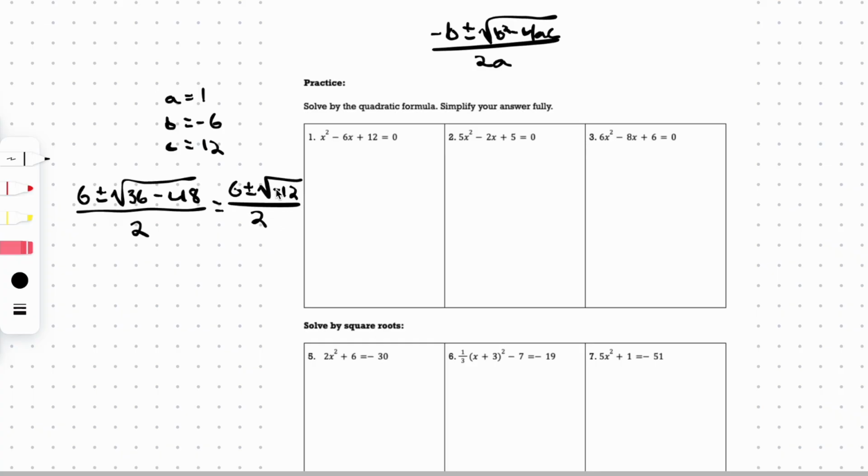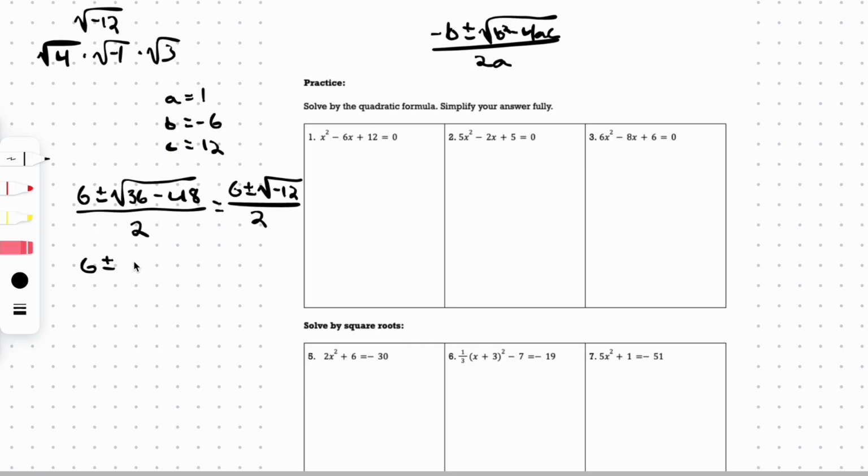Now we can simplify negative 12, right? Let's actually do this up here. The square root of negative 12. What's our perfect square factor of 12? Well, that's going to be 4. Then we still have 3, and the negative 1, and then we have root 3. 4 times 3 is 12. We have that negative. Square root of 4 is 2. So I'm just going to rewrite all this.